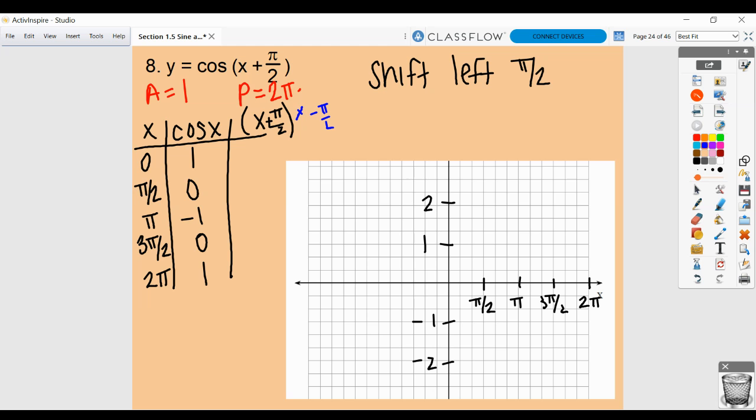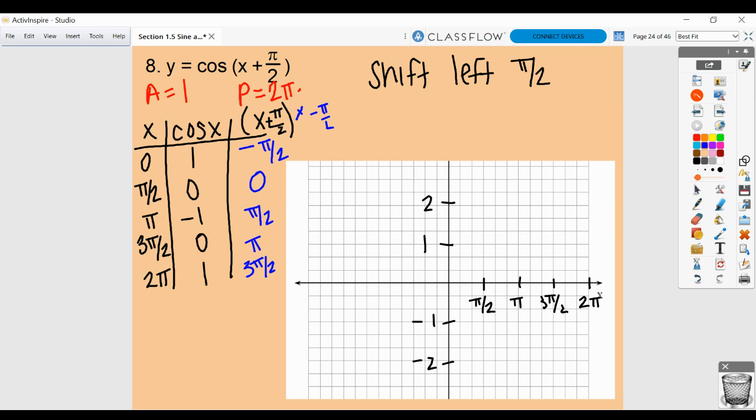So what's 0 minus pi over 2? Negative pi over 2. Pi over 2 minus pi over 2 is 0. Pi minus pi over 2, pi over 2. 3 pi over 2 minus pi over 2 is pi. And then 2 pi minus pi over 2 would be 3 pi over 2. Once again, if the pi's confuse you, take those away and just think of the fractions. So 2 minus a half equals.